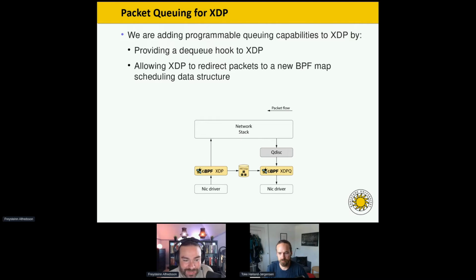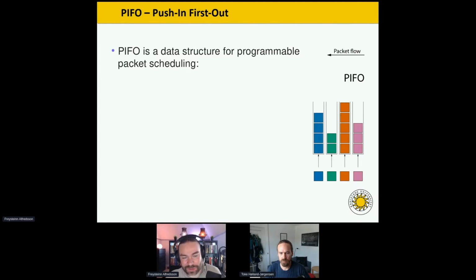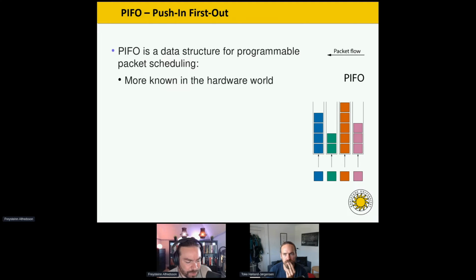So, I'll keep going. I want to introduce you to this new data type, this PIFO map, or BPF PIFO map. A PIFO is just a data structure, a priority queue called push-in first-out. It originally comes from the hardware world, because when you're dealing with network devices that are maybe 100 gigabit, you don't have that much time to process the packet.